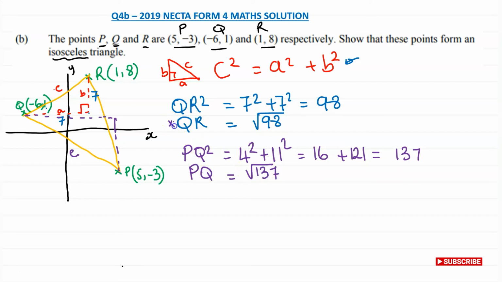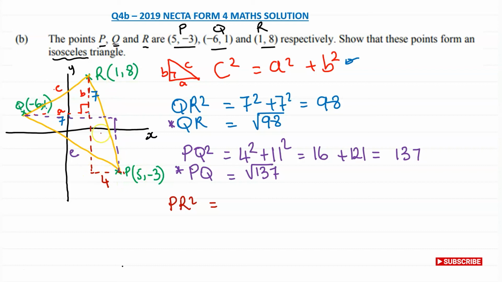So far we can see QR and PQ are not the same. So the journey continues. We're going to look for PR. Right, so we can say PR squared is equal to what? If you don't know still, I can draw a little triangle. The horizontal change started from 1 and ended at 5, so that's 4.